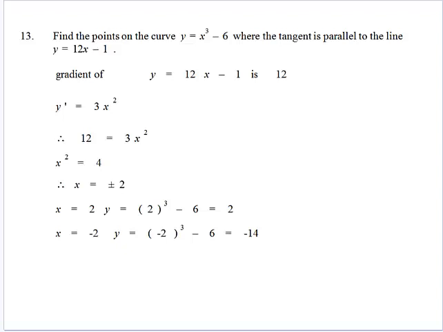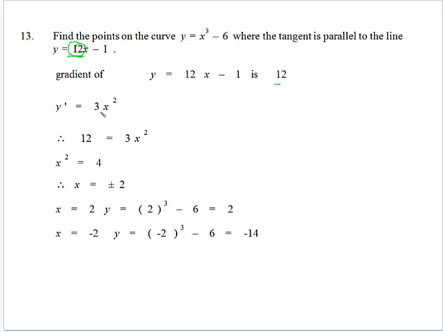So this time the tangent's parallel. We want to find the points where the tangent's parallel. So we're using the idea of our gradients and our gradient function and the derivative to be able to work out some problems. So if our tangent's parallel to this line, then it would have a gradient of 12. We can see that. It's in the form mx plus b.